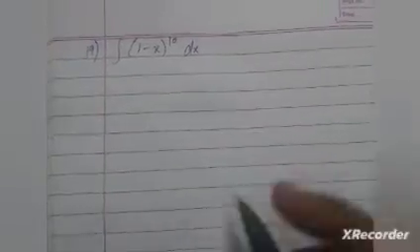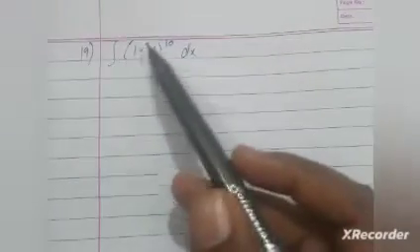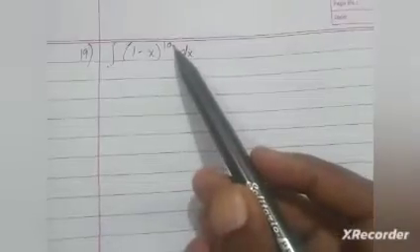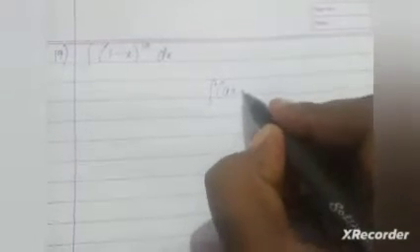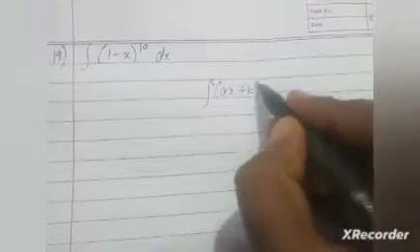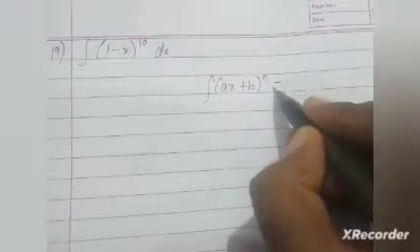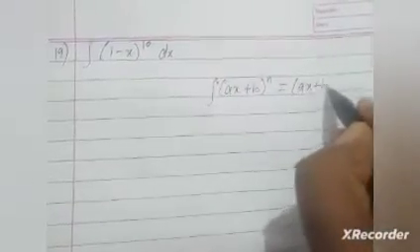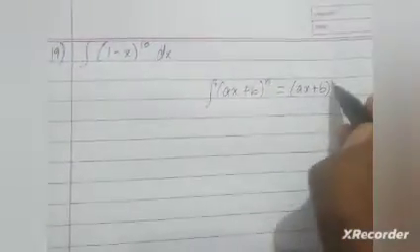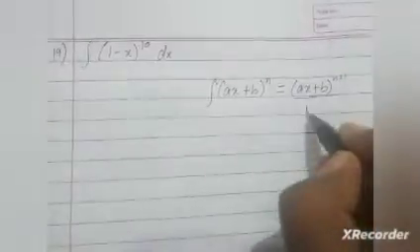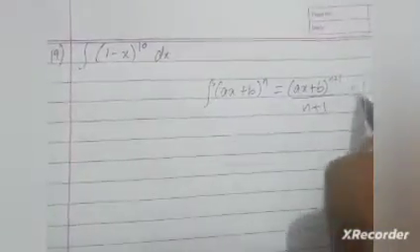Question number 19, integration 1 minus x raised to power 10 dx. Now we are going to use the formula integration ax plus b raised to n is equal to ax plus b raised to n plus 1 upon n plus 1 into 1 by a.